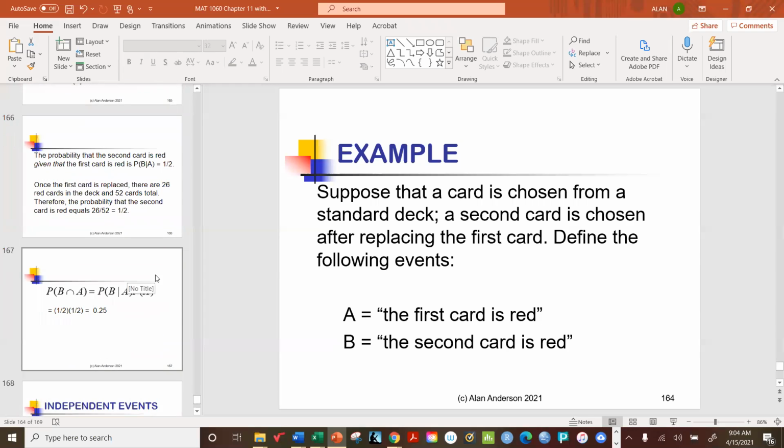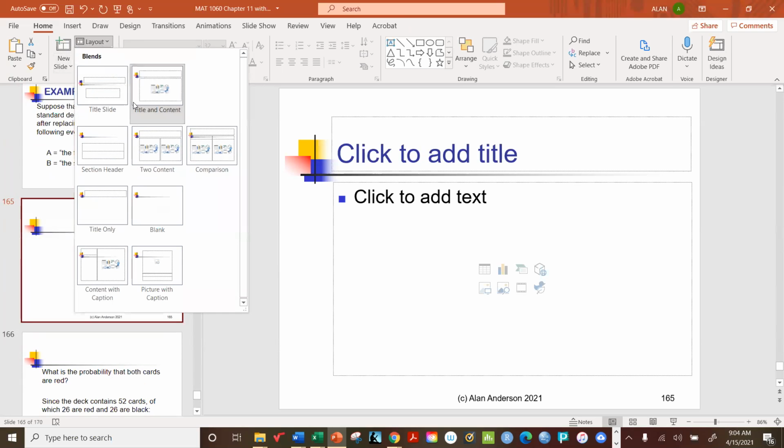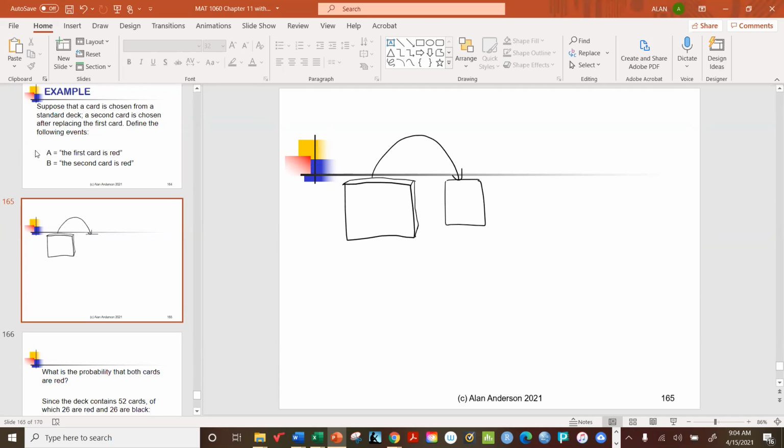Now, by the way, I just want to go through a little detour here. What we just did with this case is we took the deck, we picked our card, and we observed the card, and then we put it back and took another one.